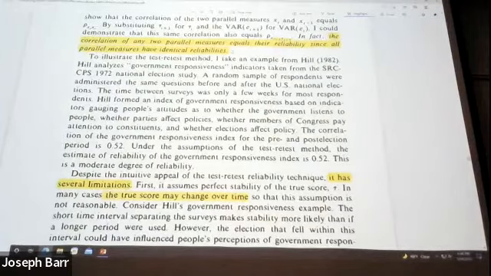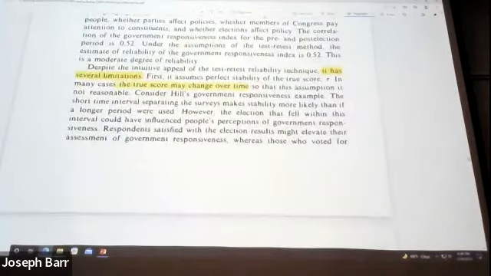That's why we can calculate the reliability. We assume that the correlation of any two parallel measures equals their reliability, since all parallel measures have identical reliabilities. But is that a very good method? Actually, no. We have a lot of limitations.